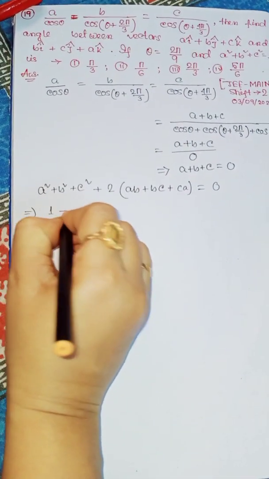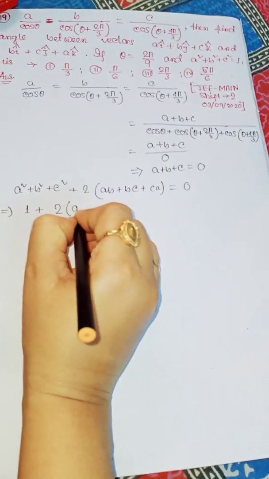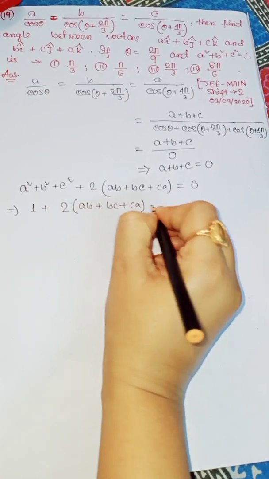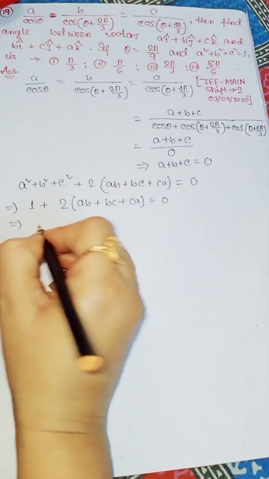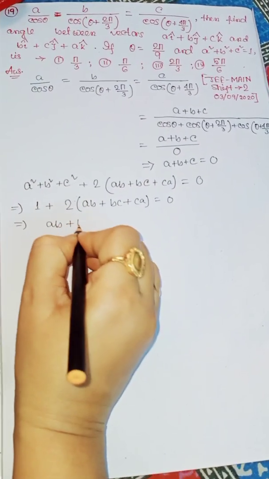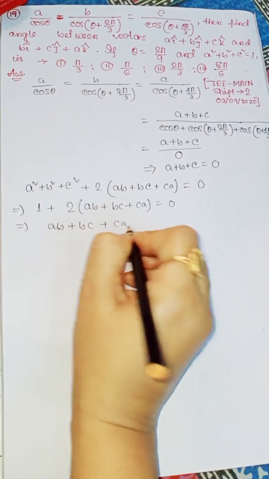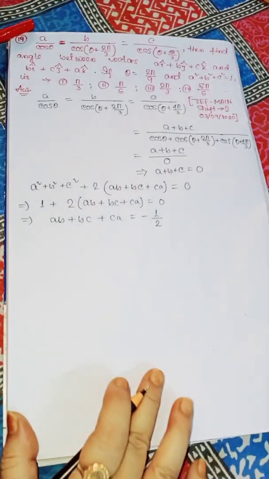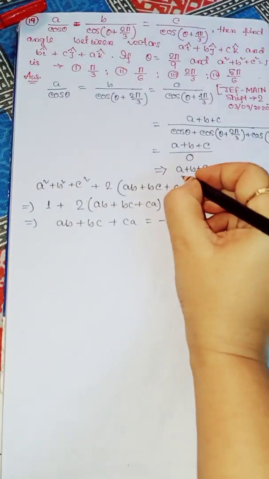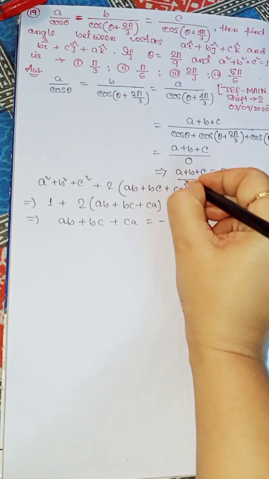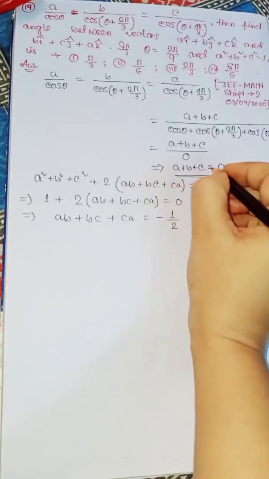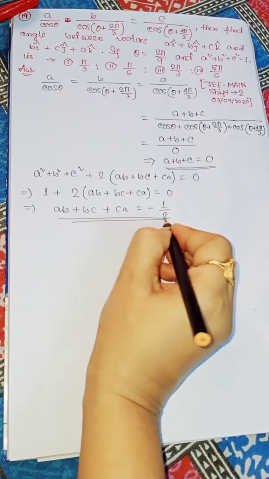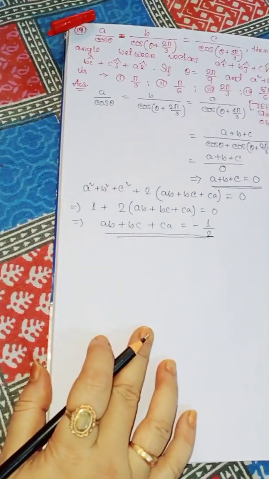So it is 1 plus 2 into AB plus BC plus CA is equal to 0. That implies AB plus BC plus CA is equal to minus half. So firstly we reached that A plus B plus C is equal to 0, and secondly AB plus BC plus CA is equal to minus half.